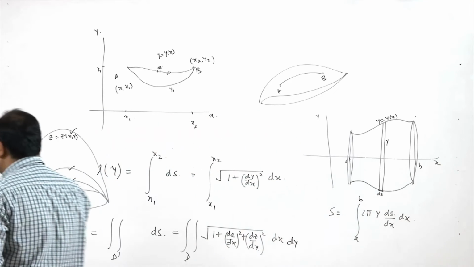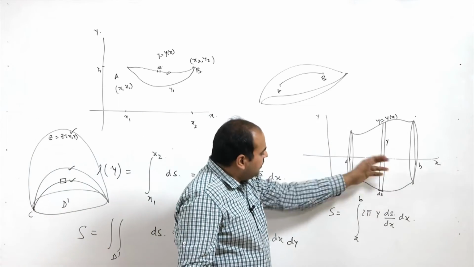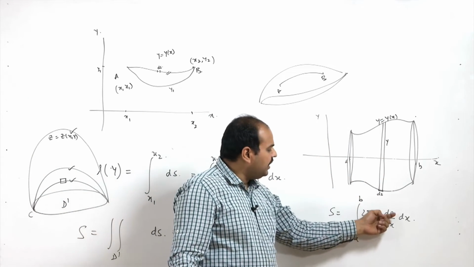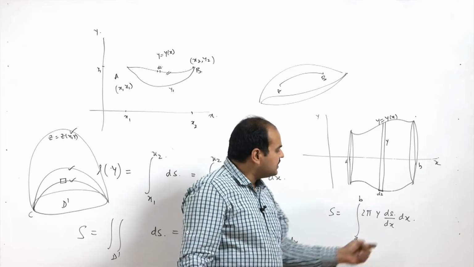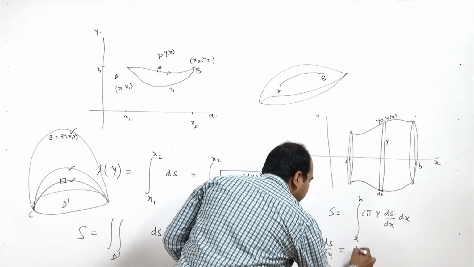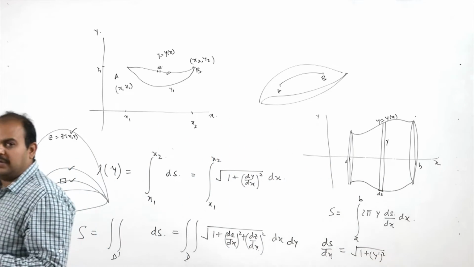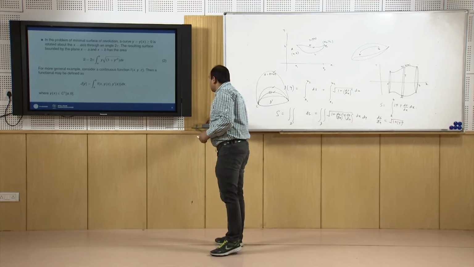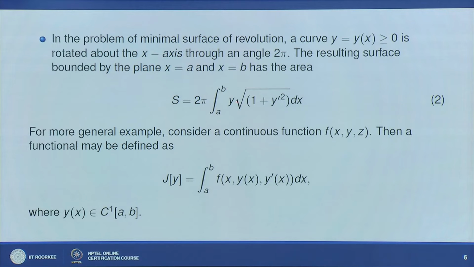The surface area of this generated shape is given by the integral from a to b of 2 pi y (ds/dx) dx. Here ds/dx is equal to the square root of 1 plus y dash squared, where y dash represents dy/dx. So the resulting surface bounded by the planes x equal to a and x equal to b has this area, S equal to 2 pi times the integral from a to b of y times the square root of 1 plus y dash squared dx.